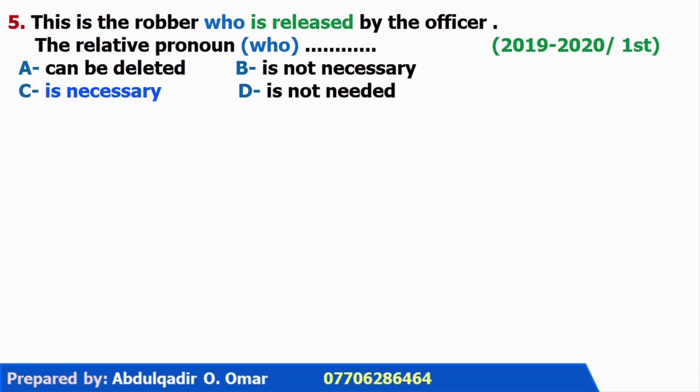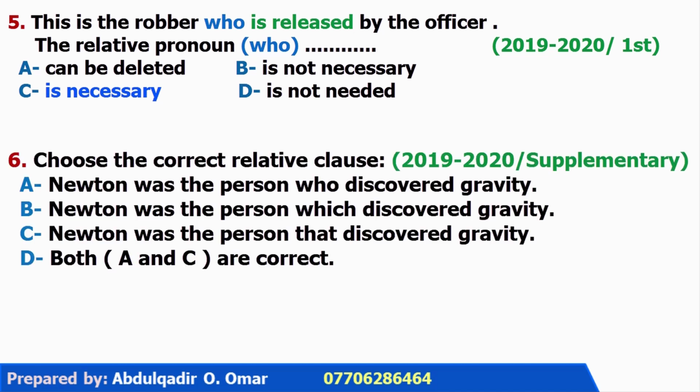Because when a relative pronoun is followed by a verb, then the relative pronoun is necessary. It can't be deleted or reduced. Here we have the verb is released. So we cannot reduce the relative pronoun who. We can't say this is the robber is released by the officer. It'll not make sense.